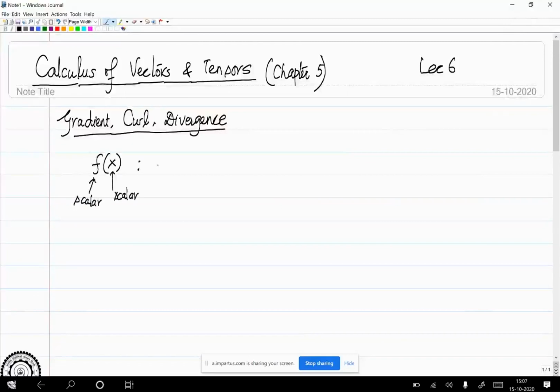In that case, the gradient of f is simply f prime, the derivative of f with respect to x. But suppose you have a scalar function, but whose argument is a vector. Okay, so it is scalar, but the argument is a vector.